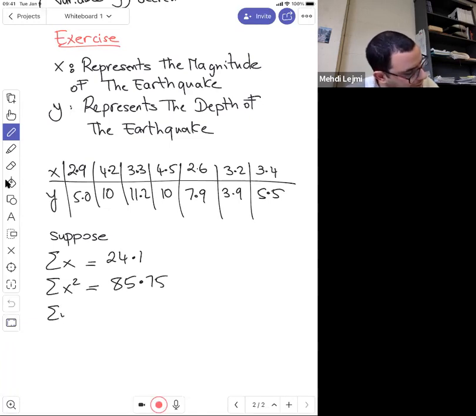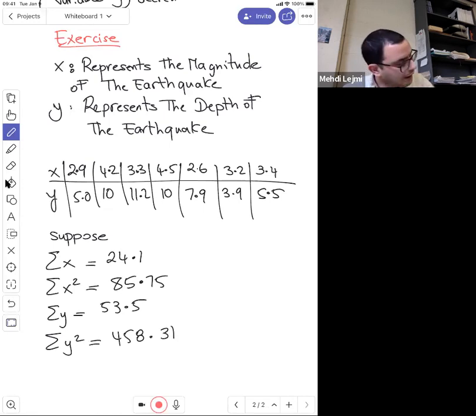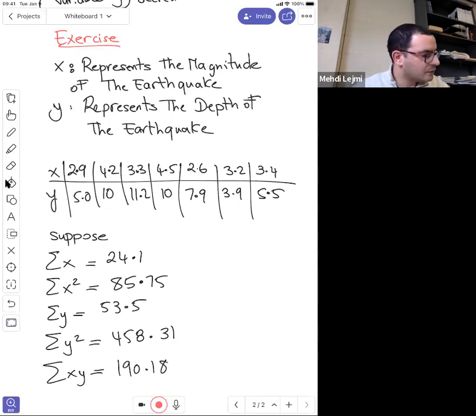Sum of the y's is 53.5. Sum of the y squared is 458.31. And finally, sum of the xy is 190.80. All right, so my question for you guys is to compute the R.